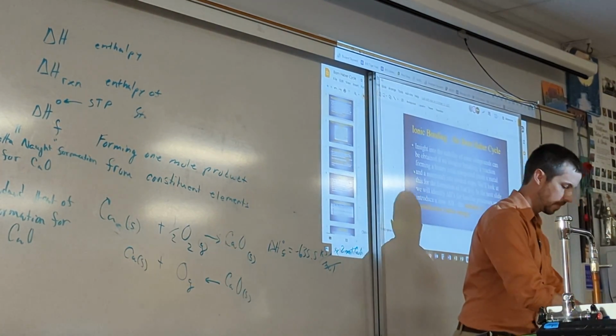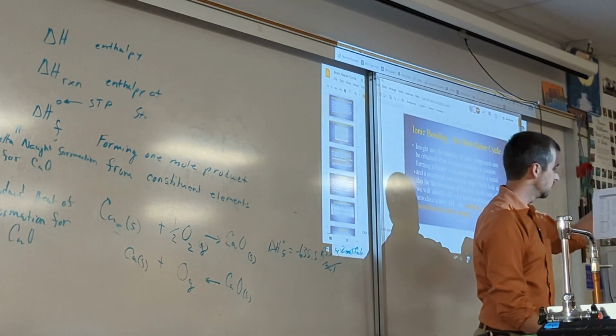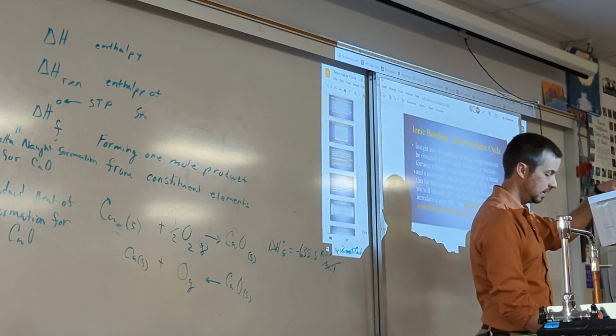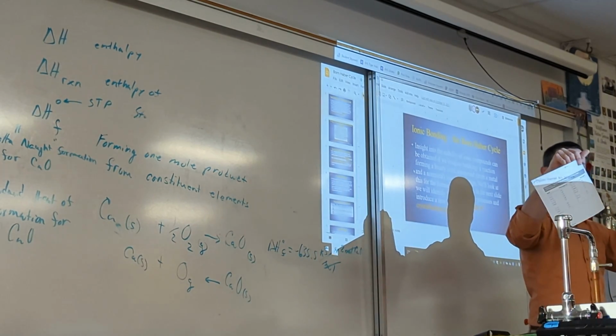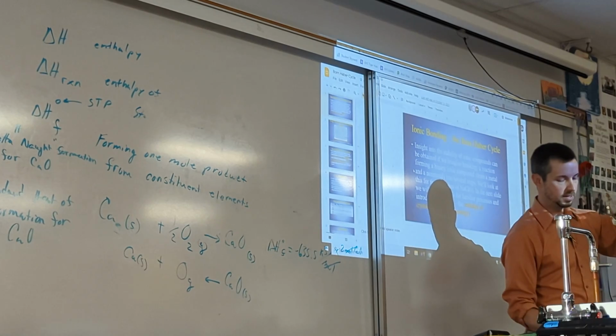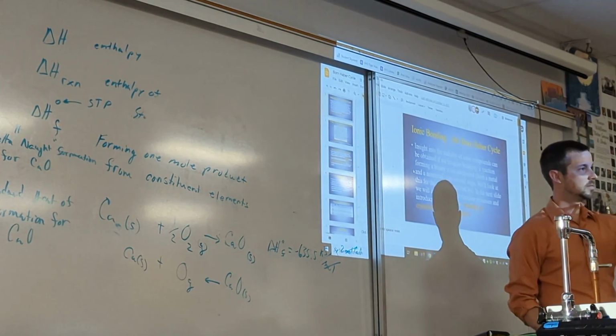I have one of these, so I think we passed these out. This is the average bond enthalpies. I think you also had average bond lengths, but we don't need that one today. Average bond enthalpies.